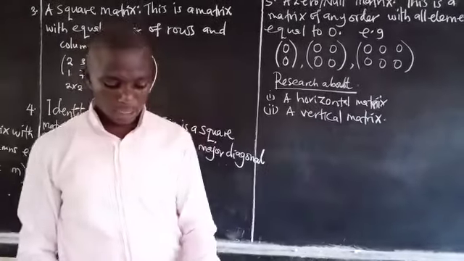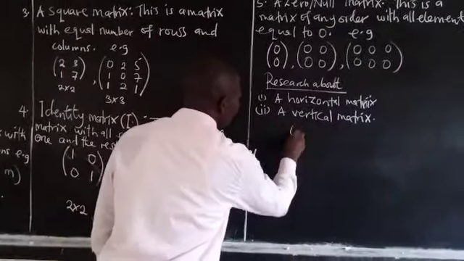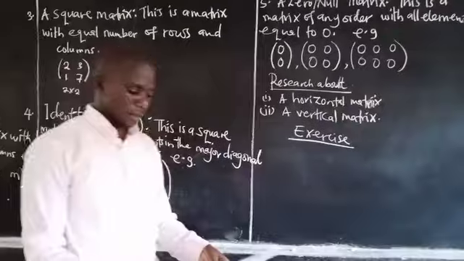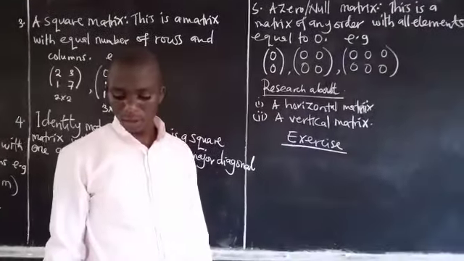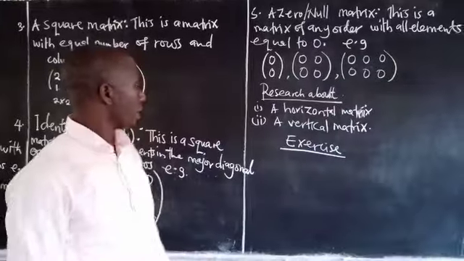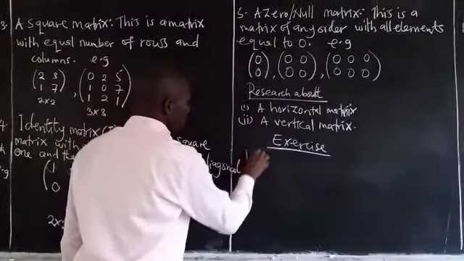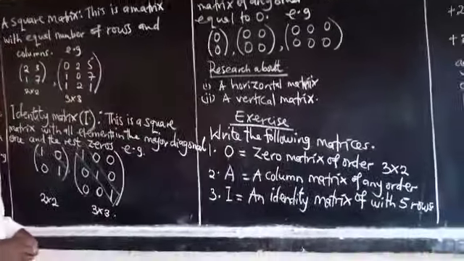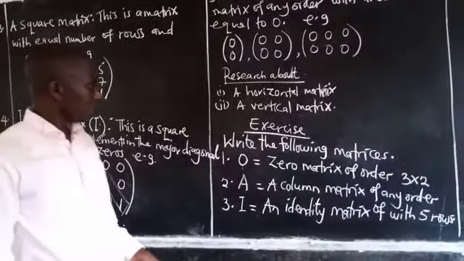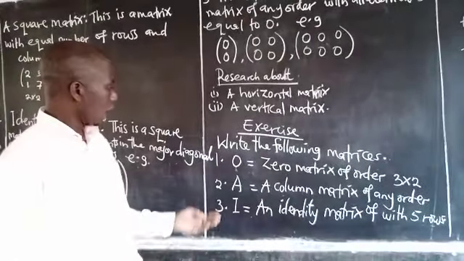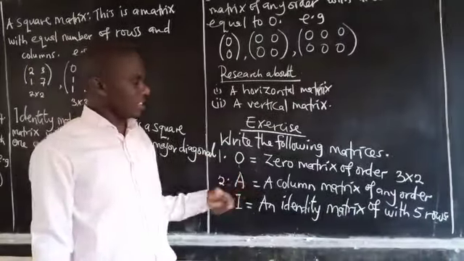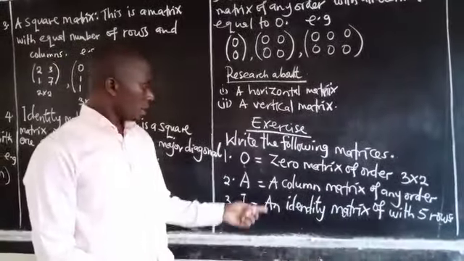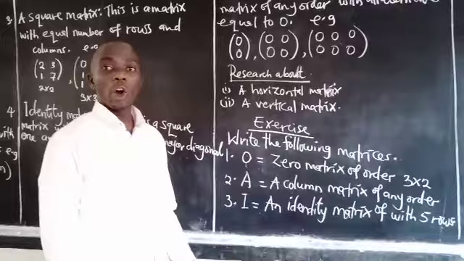And then the simple exercise that you are going to do. Write the following matrices. We are just doing this simple exercise. Number 1, O is a 0 matrix of order 3 by 2. 2, a square matrix of any order.